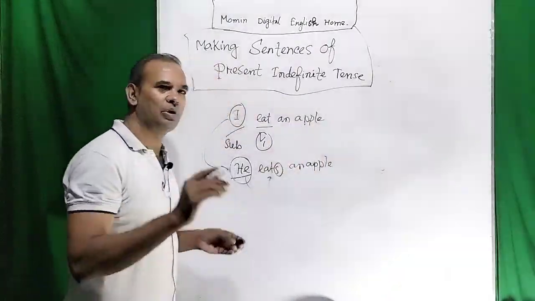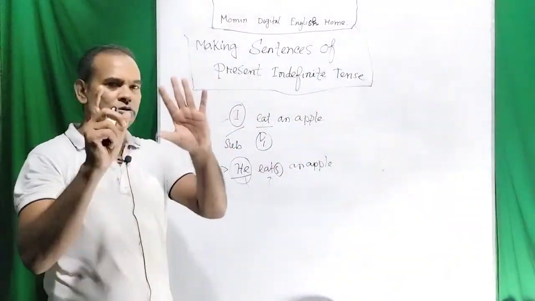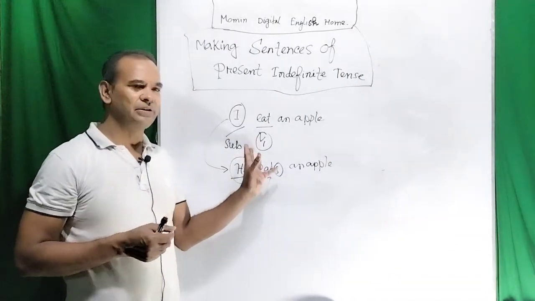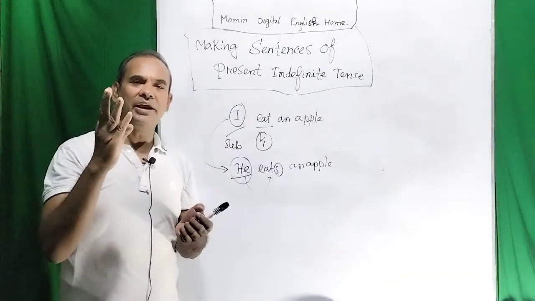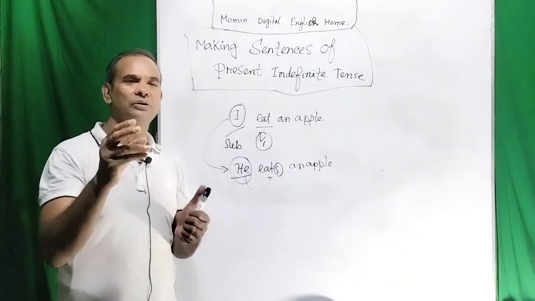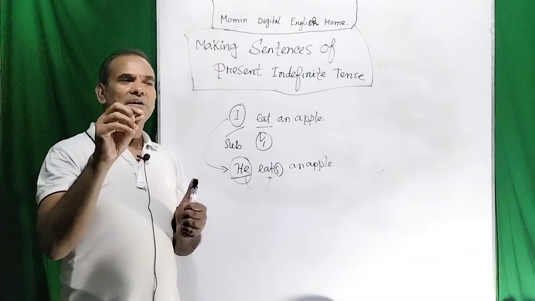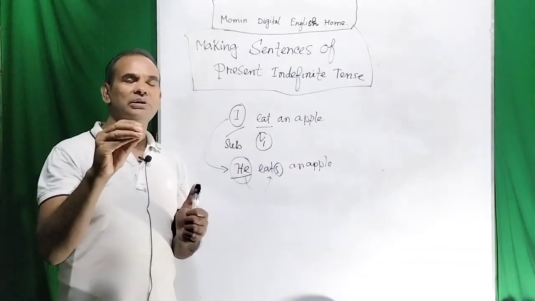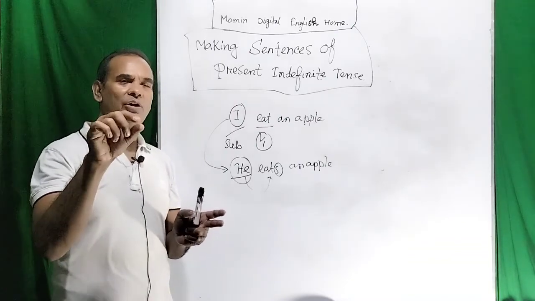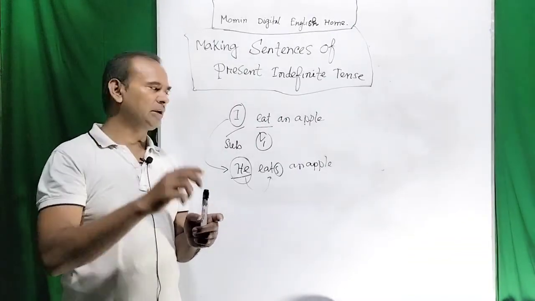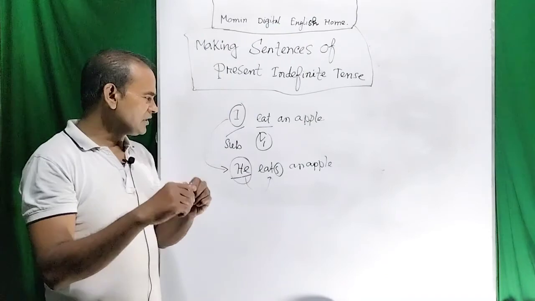So dear viewers, you have to know just two things. When the subject is third person singular number, that means he, she, it, this, that, who singular, which singular, what singular, and what plus singular noun or which plus singular noun, those are third person singular.